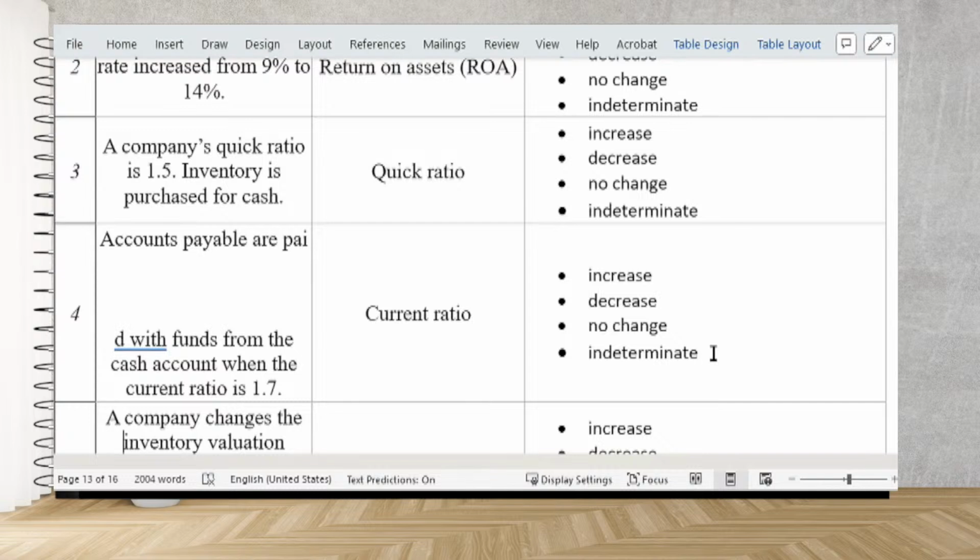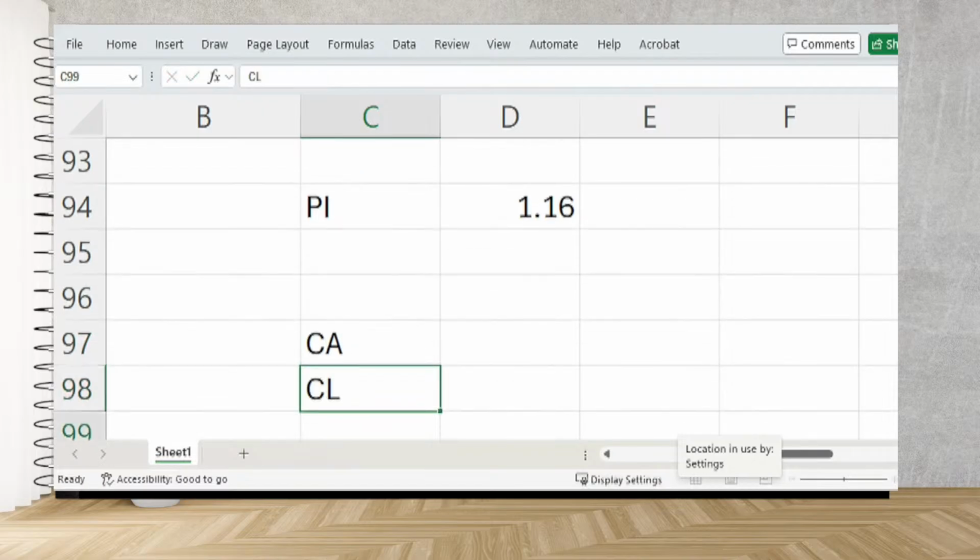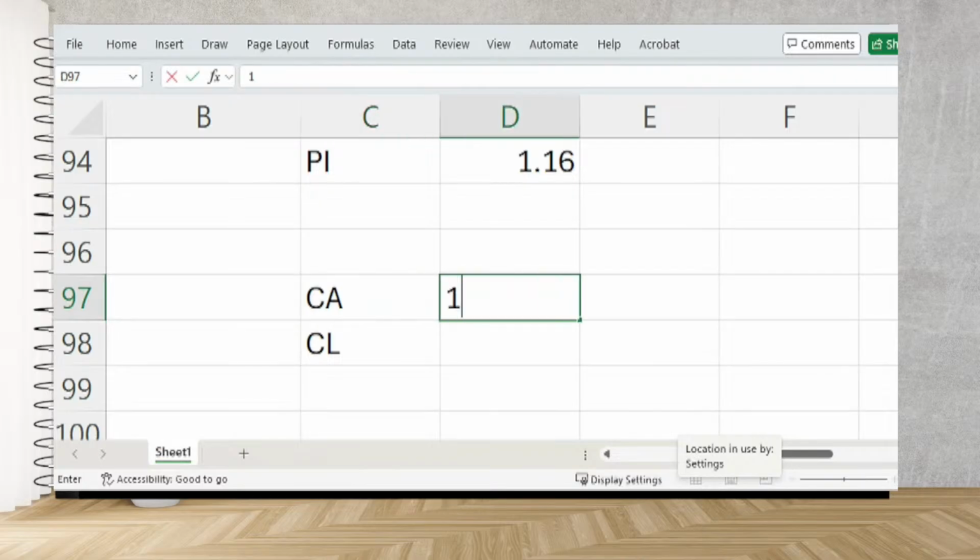And third is, sir, the current ratio decreased because it is paid from cash. Okay, we will evaluate. So it is 1.7, that means the current asset and the current liability are basically 170 and 100.